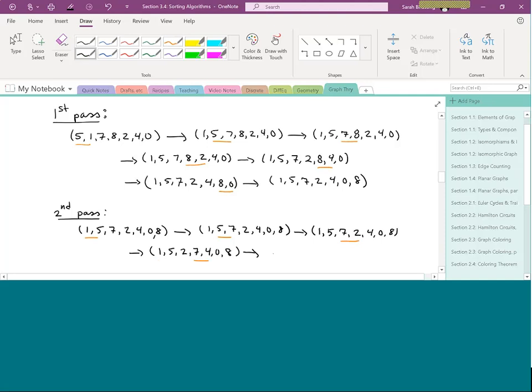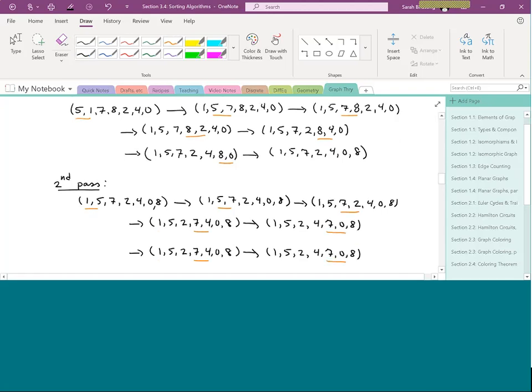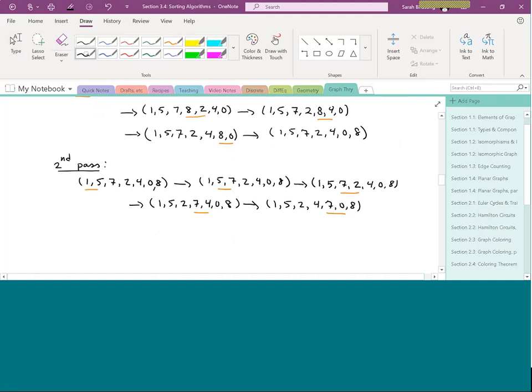Here, notice 7 is the second largest number in this sequence, so that means we're going to have swaps for the rest of the time until we've put our 7 into its final position, if you will. So our 4 and our 7 got swapped. We'll then compare the next consecutive terms, the 7 and the 0. 7 is definitely bigger than 0, so we'll swap our 7 and our 0.